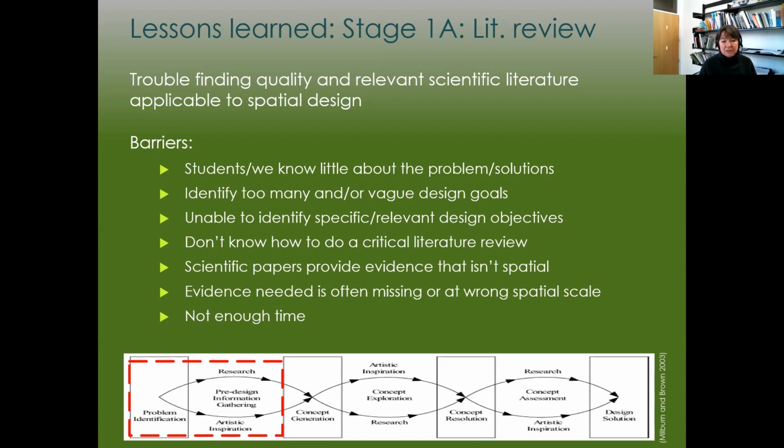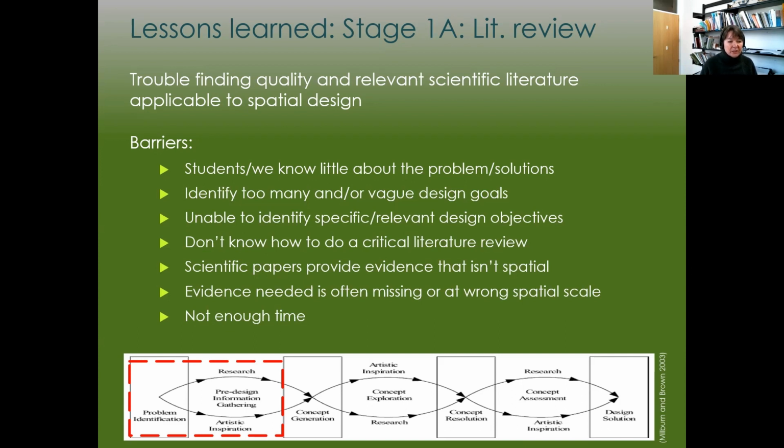They have trouble defining those in meaningful ways. They tend to be vague. Maybe they talk about sustainable this and resilient that without really defining what they mean by that. And you have to be specific to find good literature on a topic.